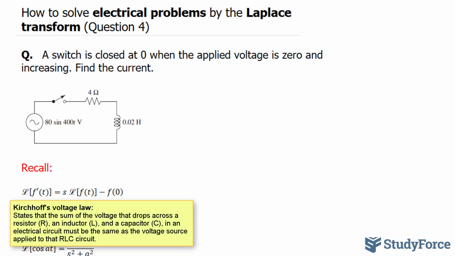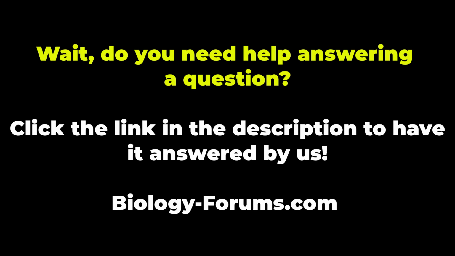Kirchhoff's law states that the sum of the voltage that drops across a resistor, an inductor, and a capacitor in an electrical circuit must be the same as the voltage source applied to the RLC circuit.